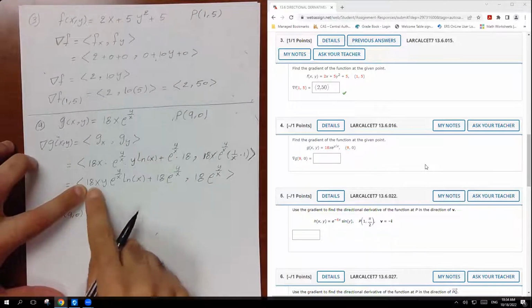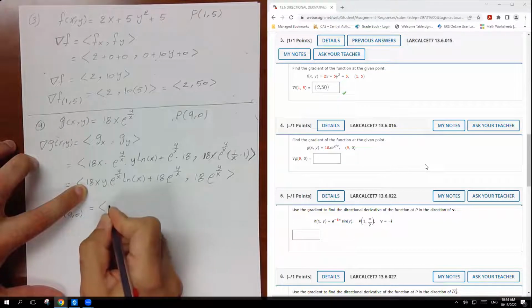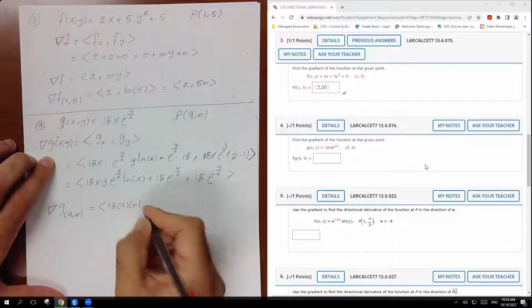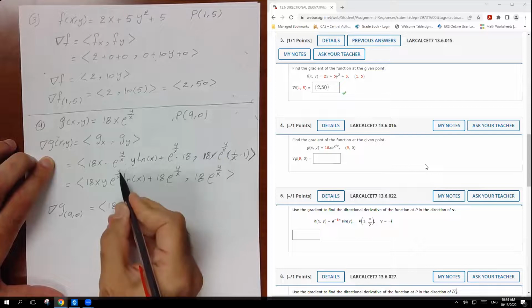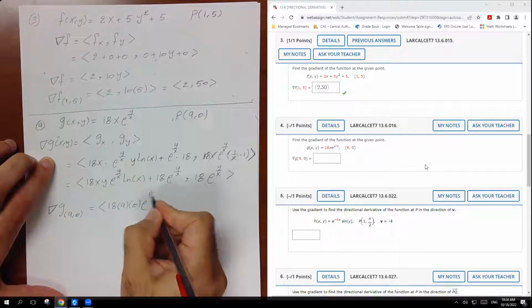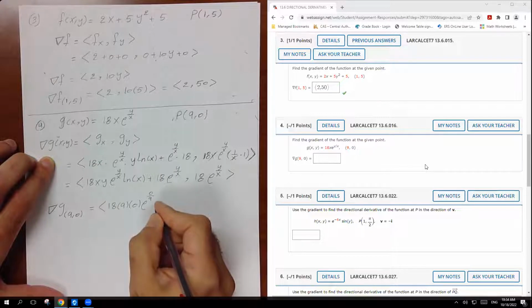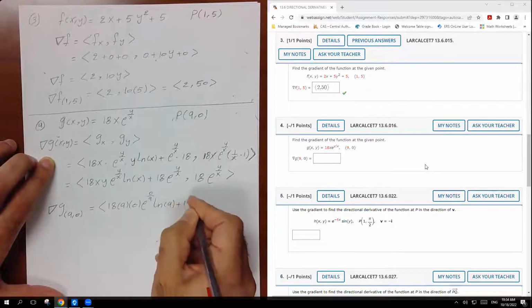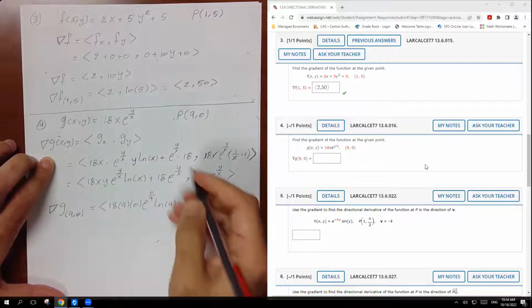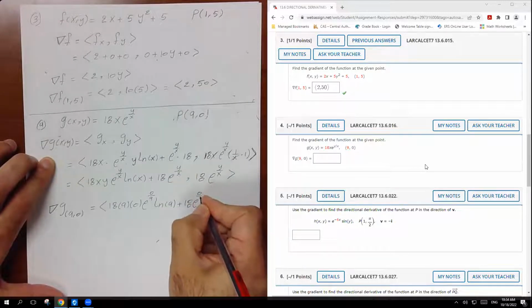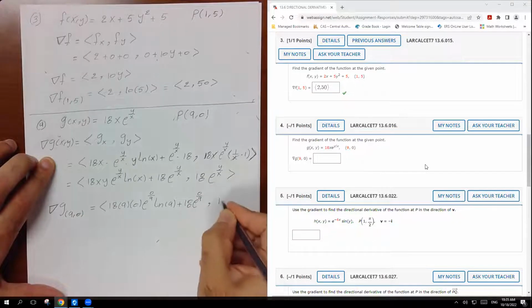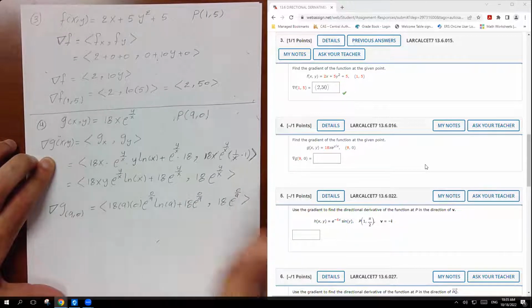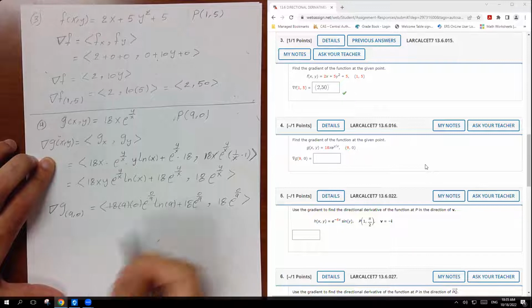So y is 0, and everything with y in it is going to be 0.